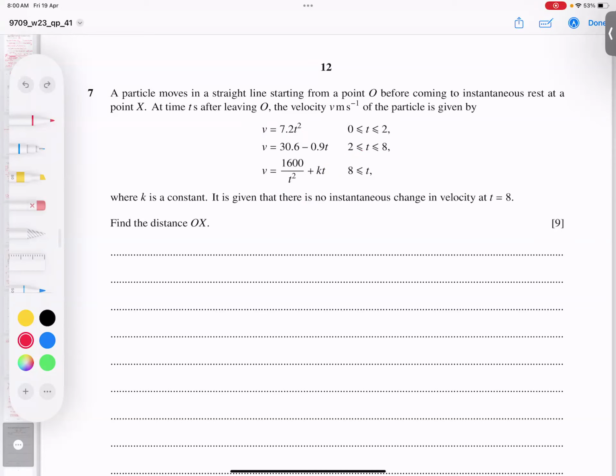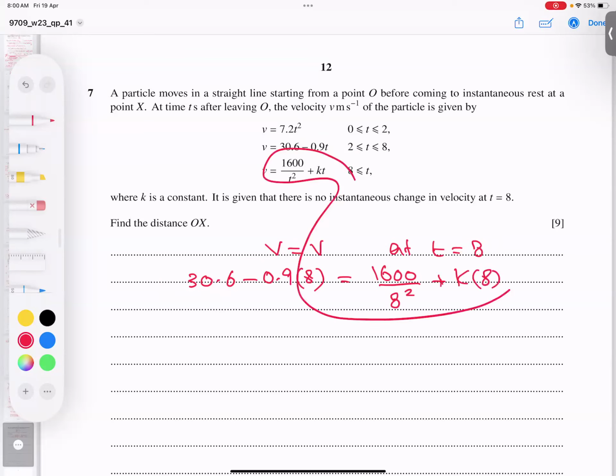So I'm saying V equals V at T equals 8. I plug T equals 8 into both equations and put them equal to each other. So 30.6 minus 0.9 times 8, I use this equation, and 1600 divided by 8 to the power 2 plus K times 8, I use this equation and replace T with 8.